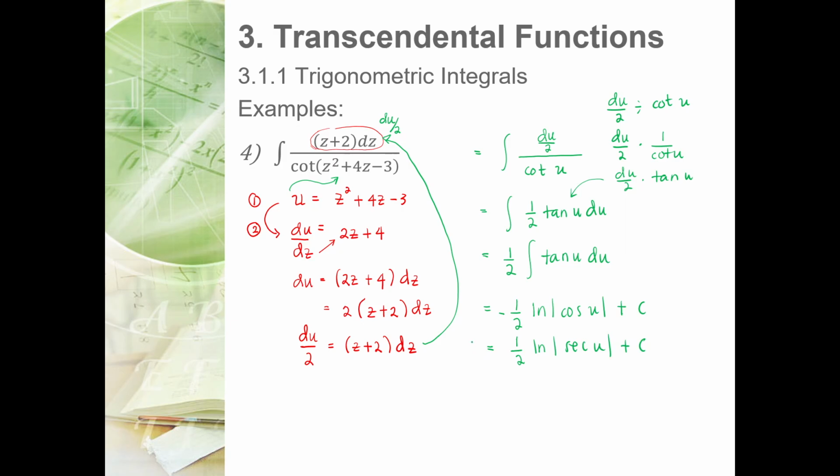So of course, don't forget to bring back the value of the u parameter. So this may be expressed as ln cosine of z squared plus 4z minus 3 plus c, or the positive counterpart, which is 1/2 ln secant of z squared plus 4z minus 3 plus c.